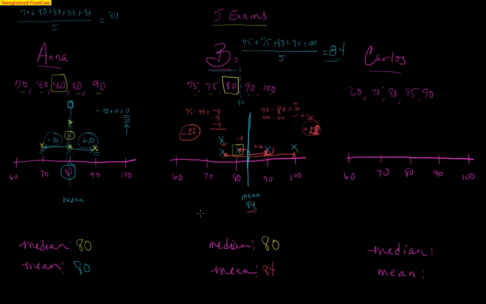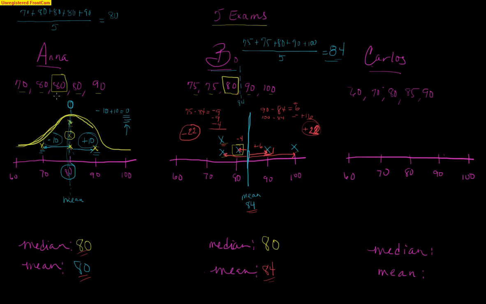Right. So why in this problem is the mean bigger than the median, and over here the mean is the same as the median? Well, let's take a look at our data again. If I look at the shape of this, for Anna, her data is very symmetrically drawn.